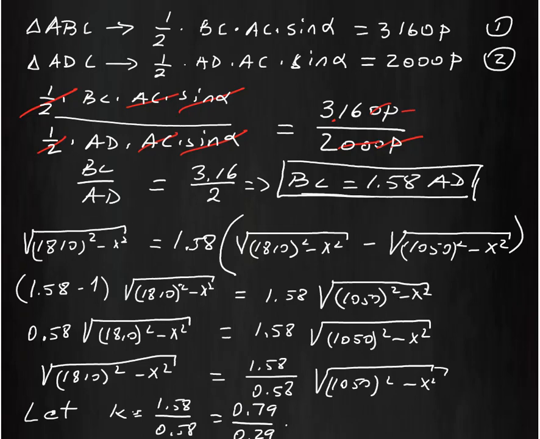Further, we can say 0.58 square root of 1810 squared minus x squared is equal to 1.58 square root of 1050 squared minus x squared. That means the square root of 1810 squared minus x squared is equal to 1.58 over 0.58, which is also equal to 0.79 over 0.29 times the square root of 1050 squared minus x squared.